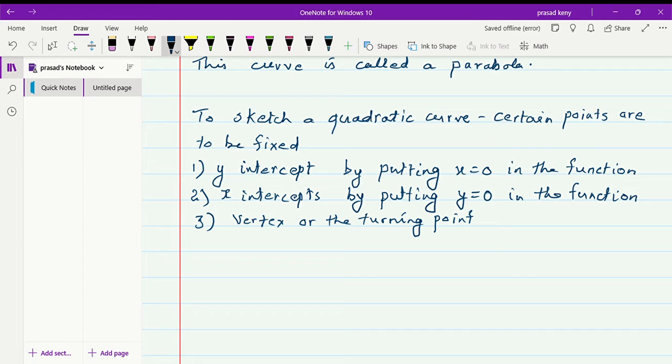Now, to determine the vertex, the function f(x) or y will be written in the form a(x − h)² + k, and in that case the vertex will be (h, k).